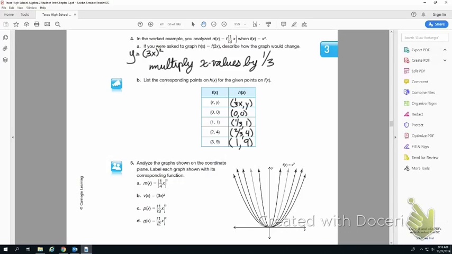Looking down there at the bottom, I'm going to ask you to describe the transformation and by what factor. Okay, so Avery, that first one, A, what would that transformation be? Is it going to be a stretch or a compress by 4?